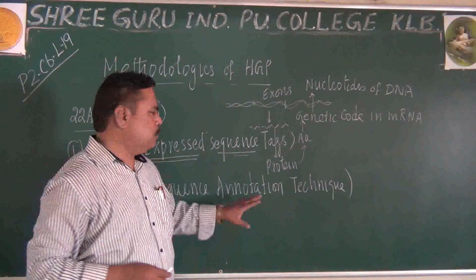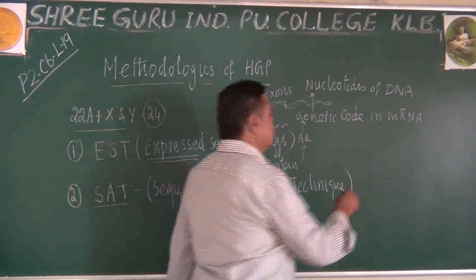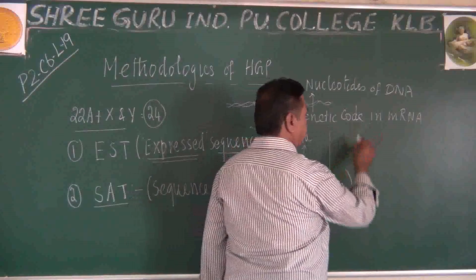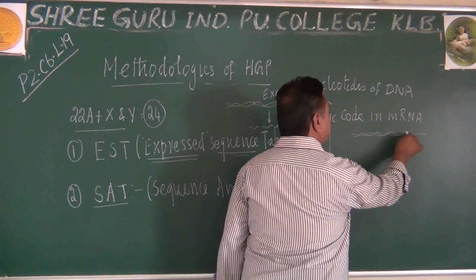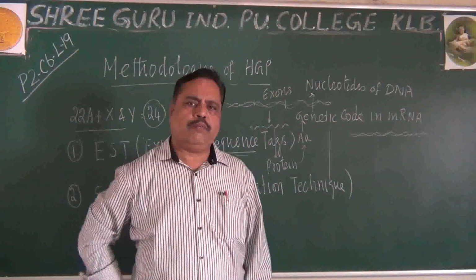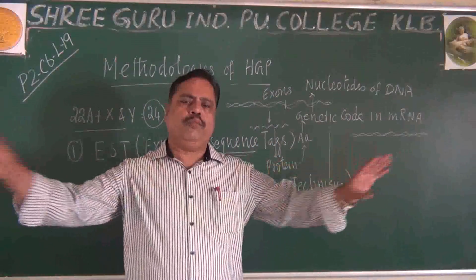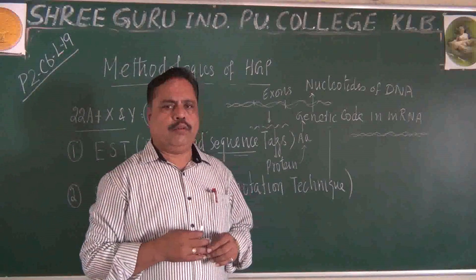You must remember this point clearly, carefully, listen here. In this sequence annotation technique, the complete long chain of the DNA molecule is taken. Now, the exons and introns we are focusing on here, we take the full long chain of polynucleotides of the DNA molecule.